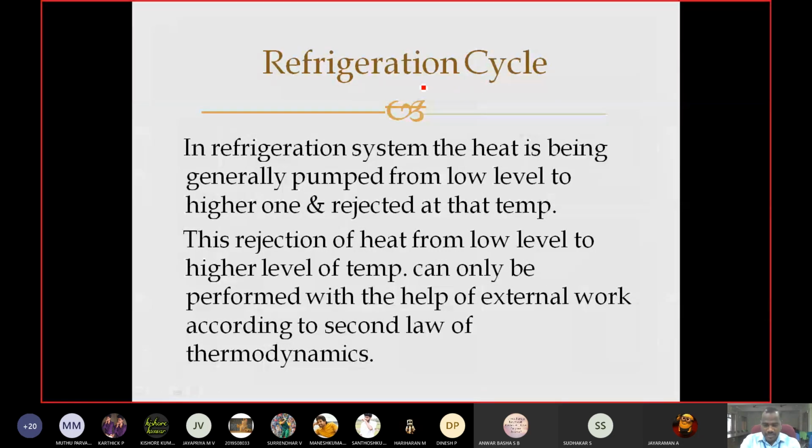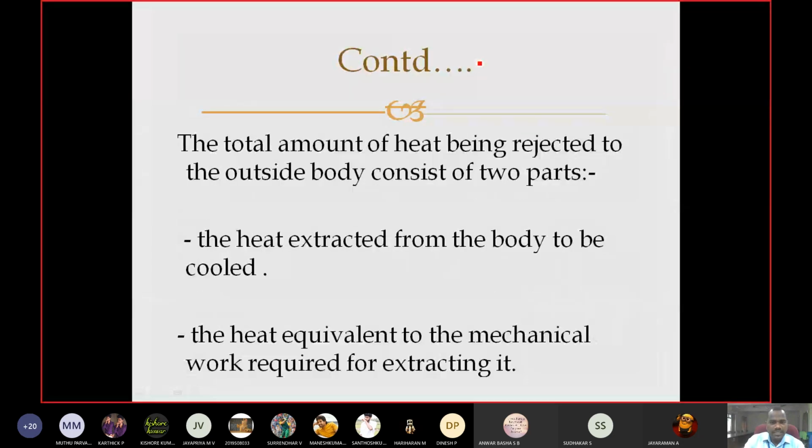But by the general principle of heat transfer, heat can only transfer from high level to low level, that you know very well. But if we want to transfer heat from low level to high level, we have to give work as an input. So that is the principle of the refrigeration cycle here. Then the total amount of heat being rejected to the outside body consists of two parts: the heat extracted from the body to be cooled, and the heat equivalent to the mechanical work required for extracting it.